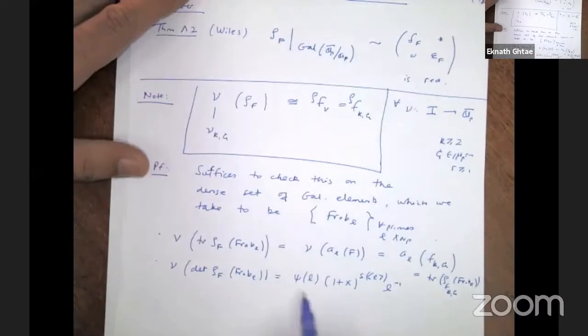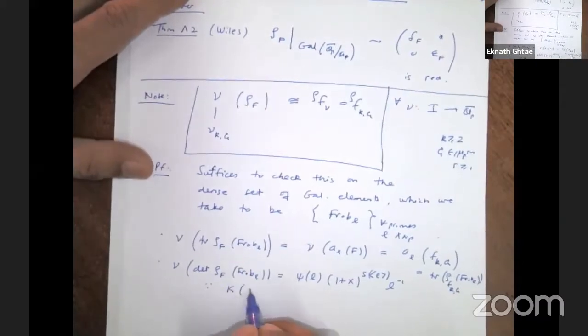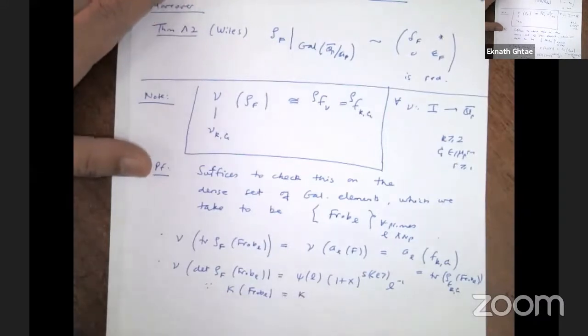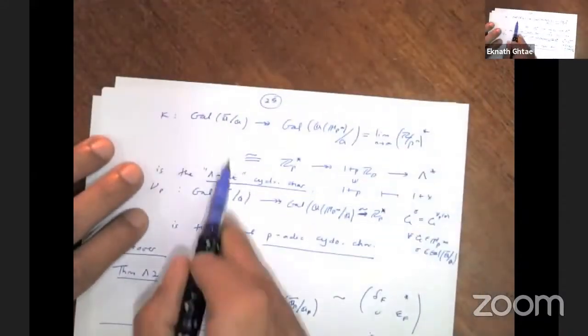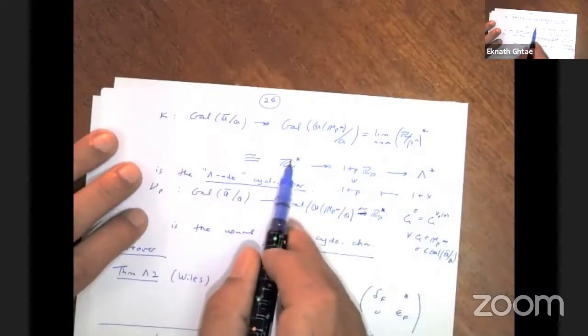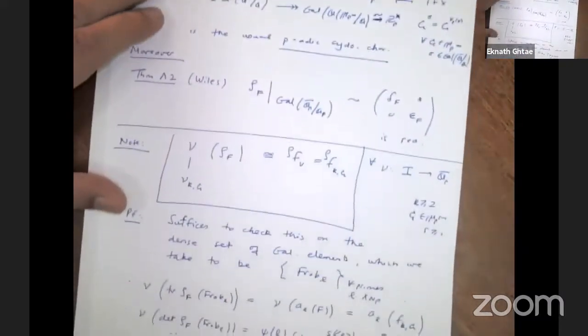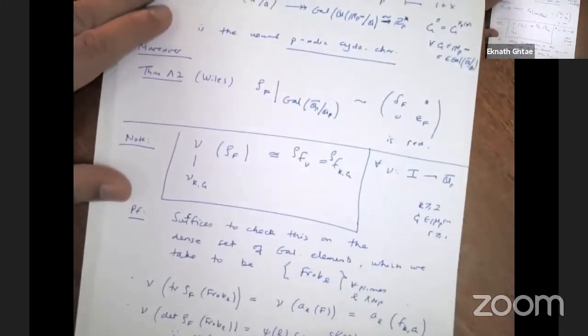I'm claiming this is true since, well, what is kappa of Frobenius of L? Remember kappa was defined here at the top of the page. This Frobenius of L all the way through here actually maps to L, but when you push it over here, it maps to diamond of L. So this is just kappa of diamond of L.